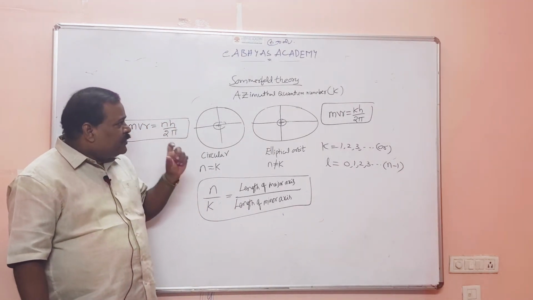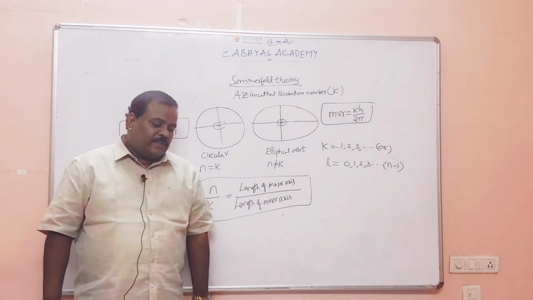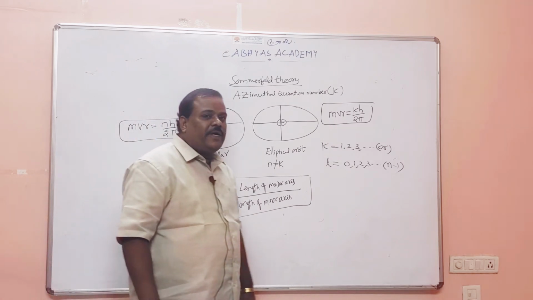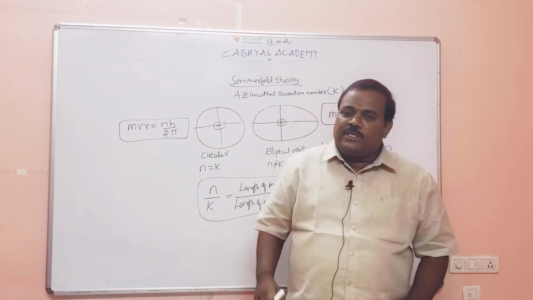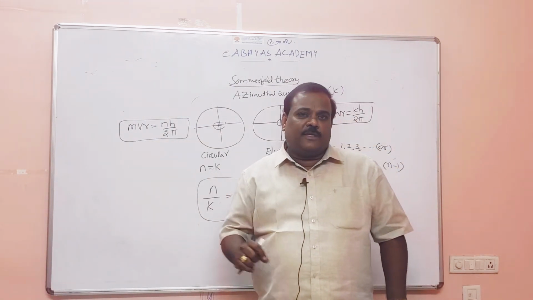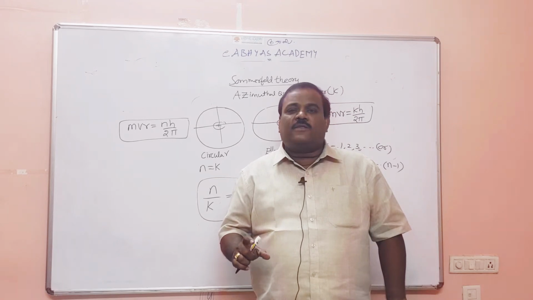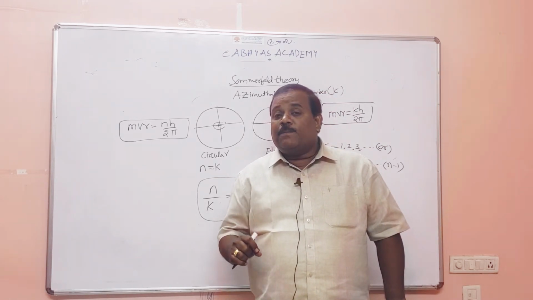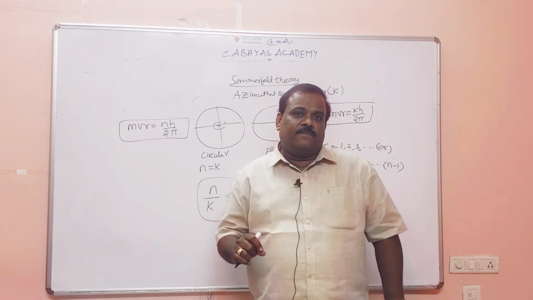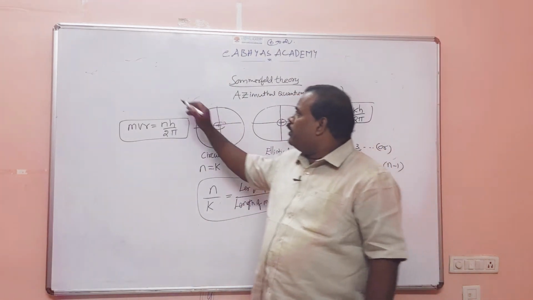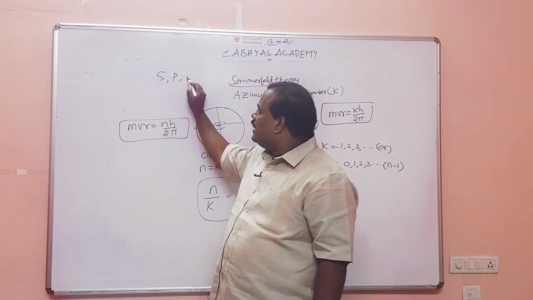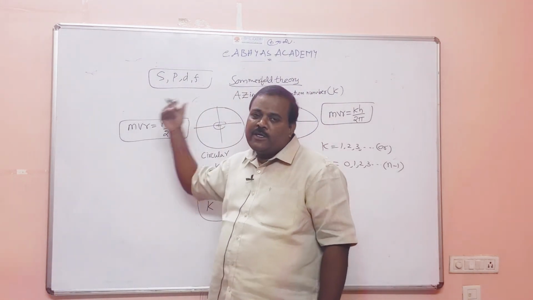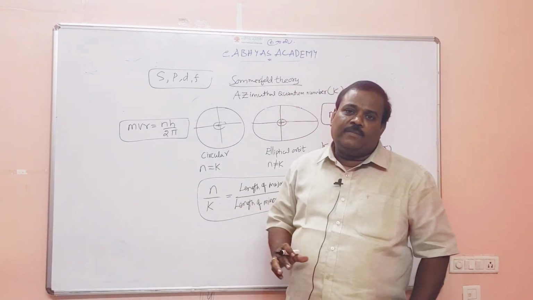The significance of this azimuthal quantum number is it explains the fine spectrum of hydrogen, which is one of the drawbacks in Bohr's theory. Because in an orbit, according to this theory, subshells are present: S, P, D and F. These are called subshells, which are present in the orbit or shell.